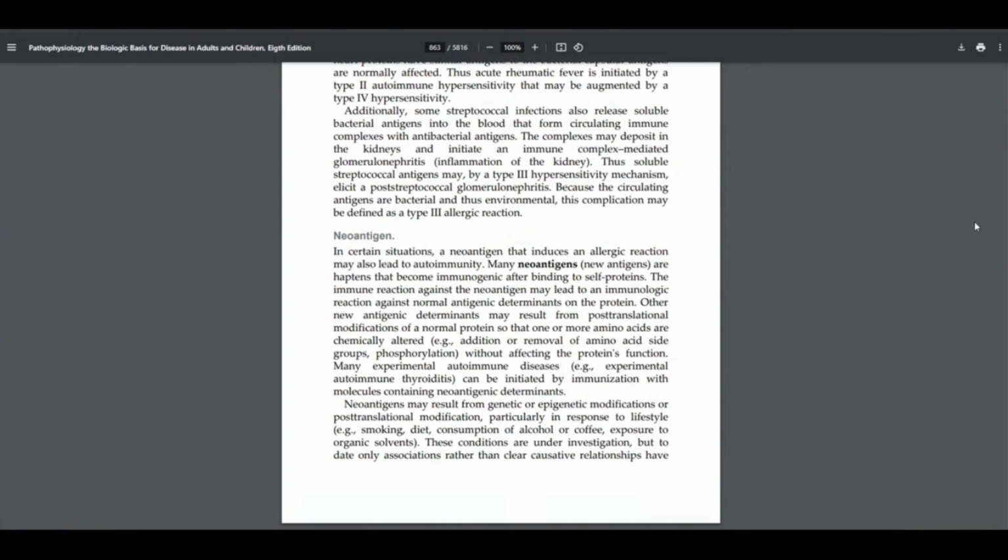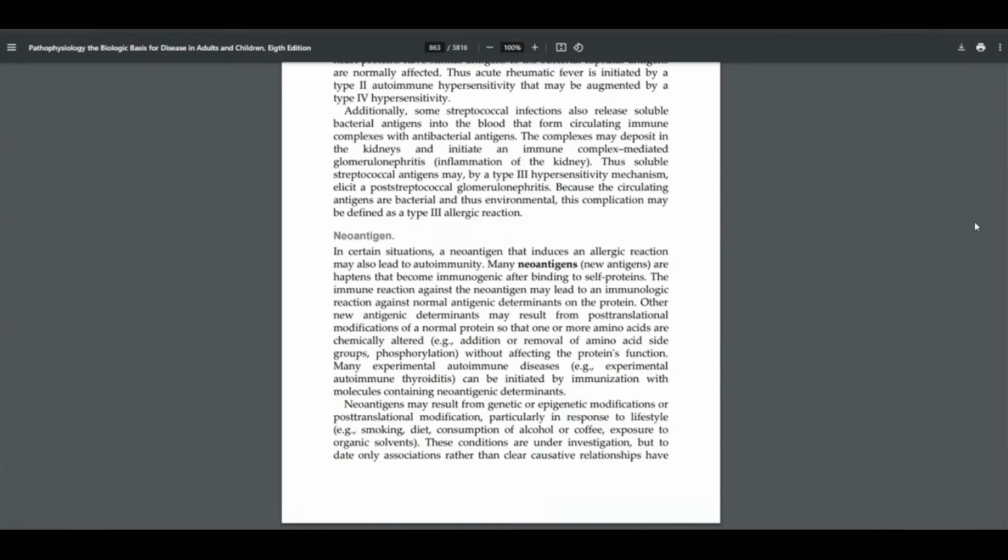Additionally, some streptococcal infections also release soluble bacterial antigens into the blood that form circulating immune complexes with antibacterial antibodies. The complexes may deposit in the kidneys and may initiate an immune complex-mediated glomerulonephritis, inflammation of the kidney.